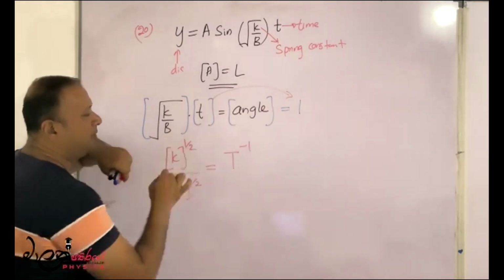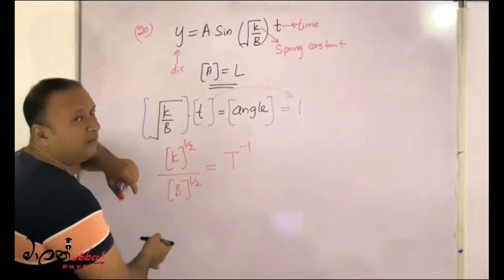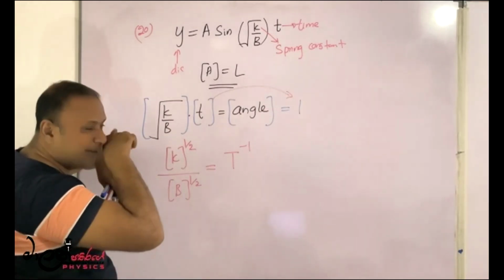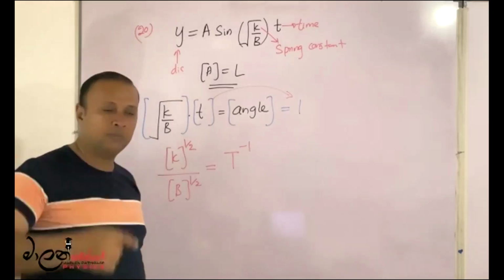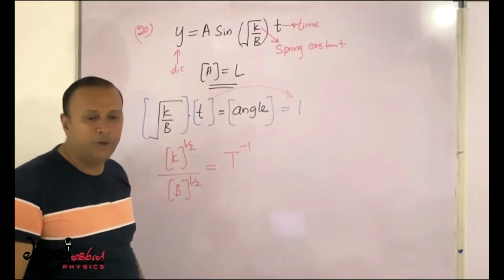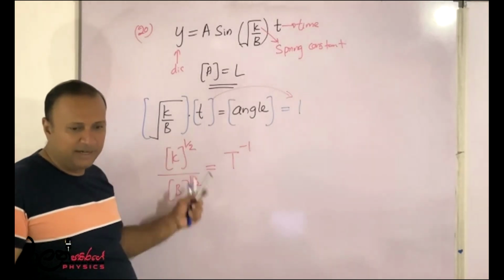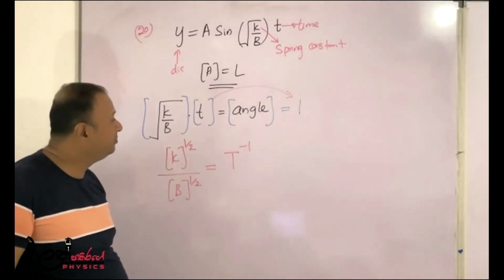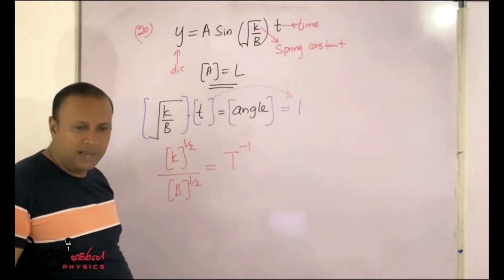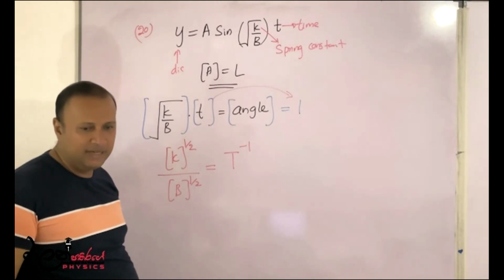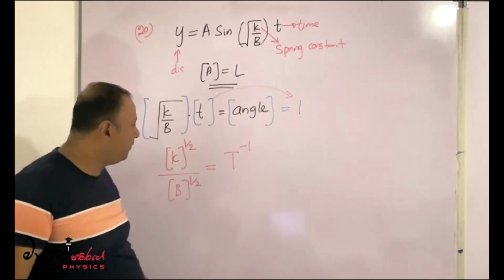That means it will become T minus 1. Now the power is half, no? So if you want to convert it into the first power, what should I do? I have to take the square of both sides.